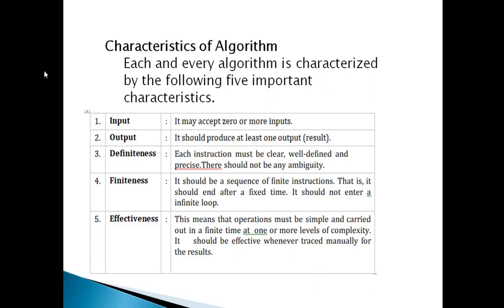In the output case, the algorithm should produce at least one output. Definiteness means it should be clear, well defined, and precise.